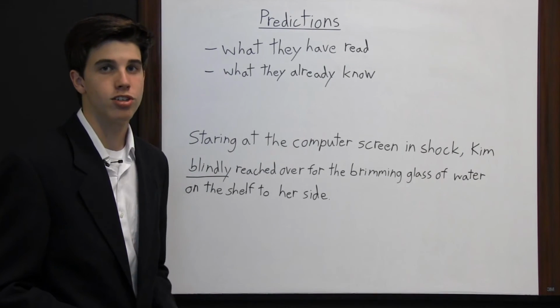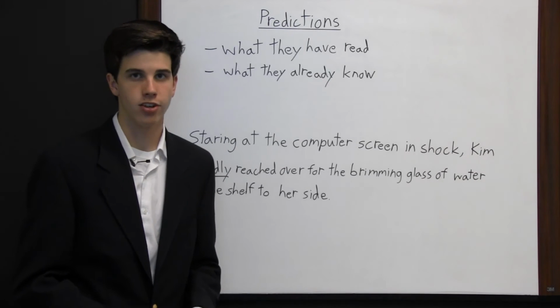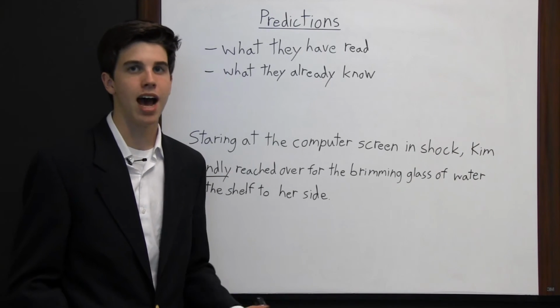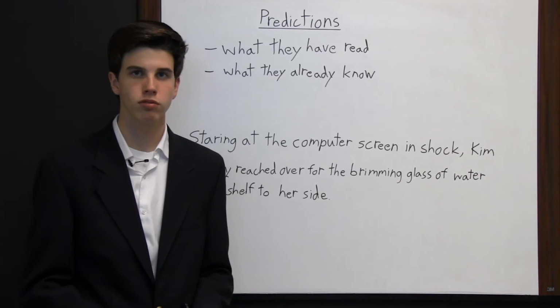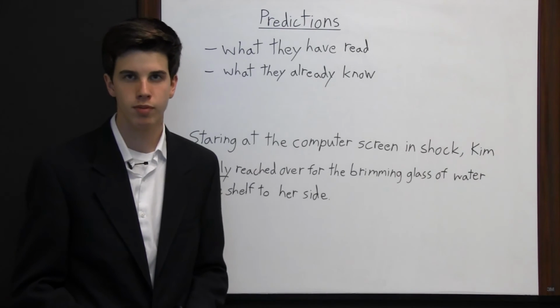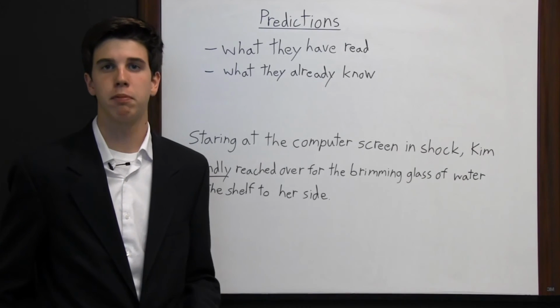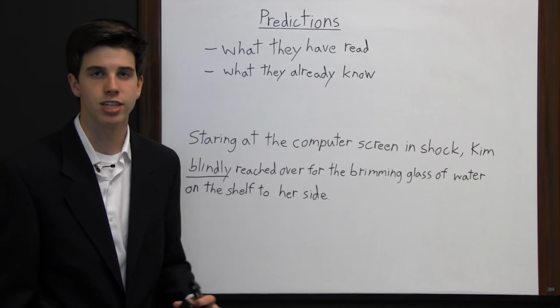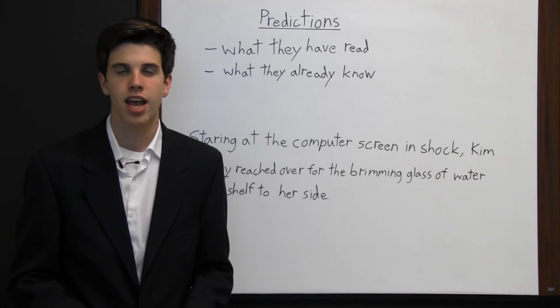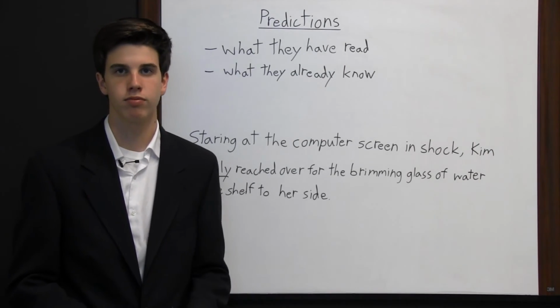So the reader is going to assume that she's going to knock over the glass of water. Now, that may not be what happens, but it's a prediction either way. The prediction may come true, and it may not. But a reader is naturally going to make predictions about a passage, and making predictions is part of being actively engaged in what the reader is reading.